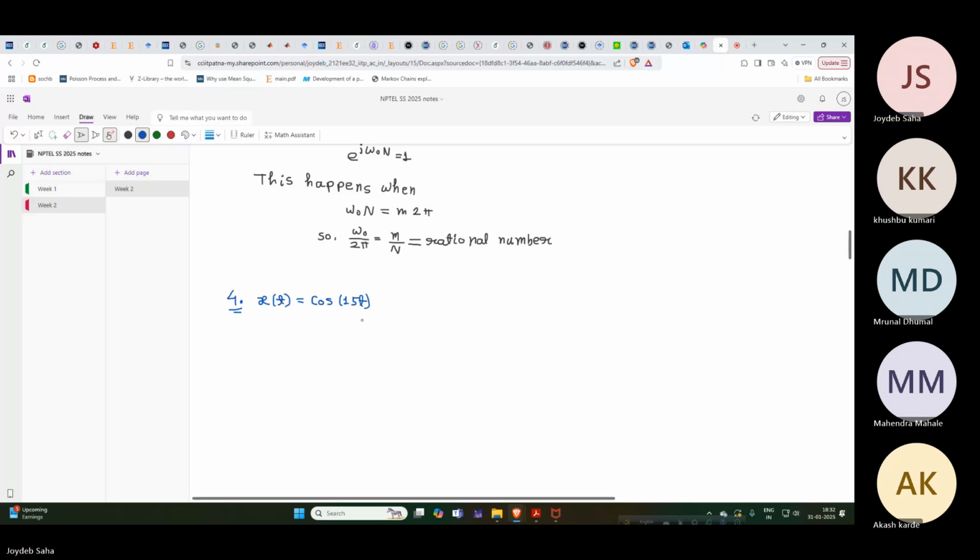Find the value of sampling interval Ts such that x[n] is a periodic sequence.